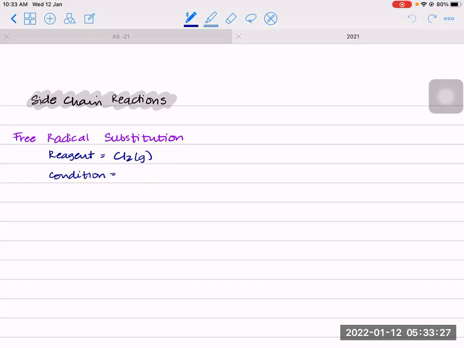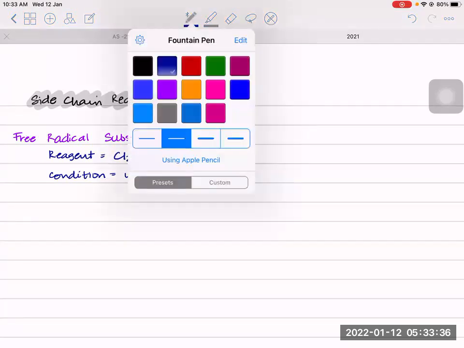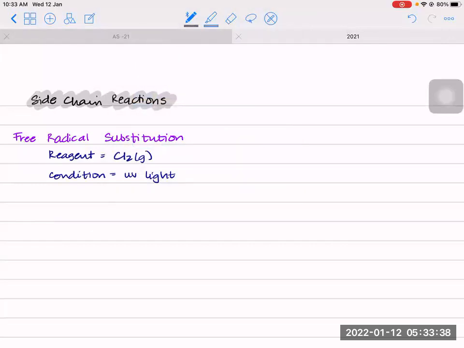So there is UV light and you require a halogen. So let's see the reaction now. You have methyl benzene reacting with chlorine in the presence of UV light.